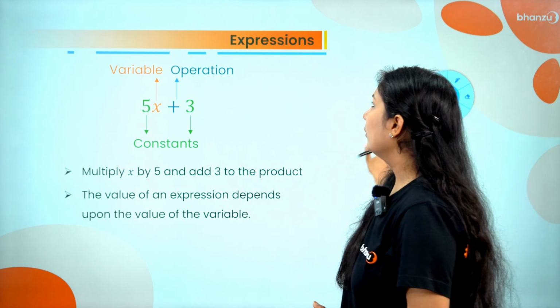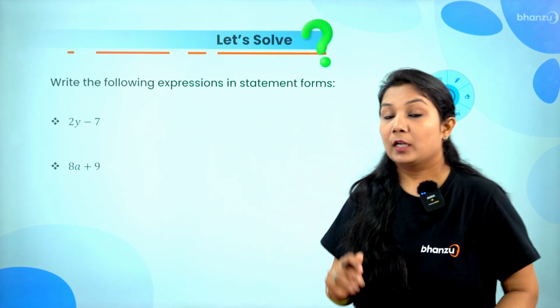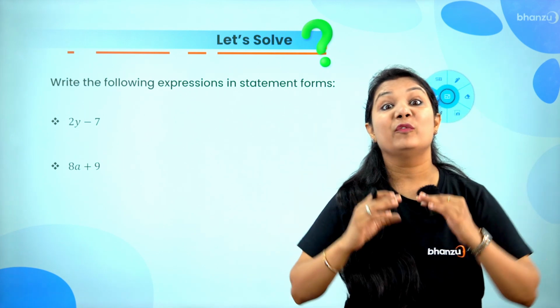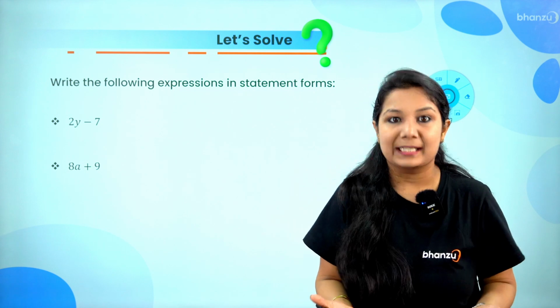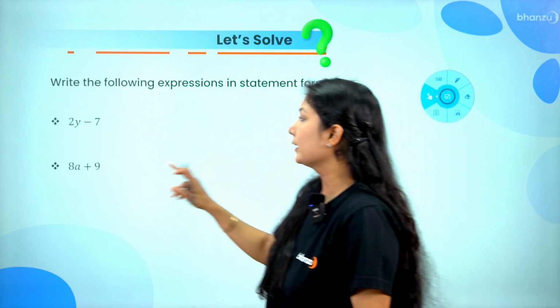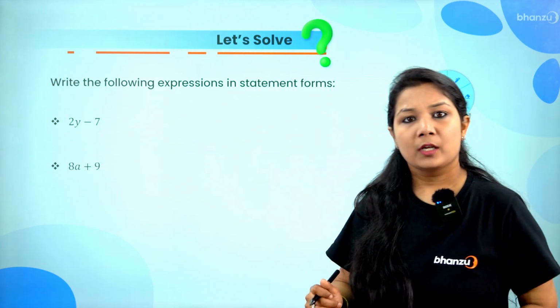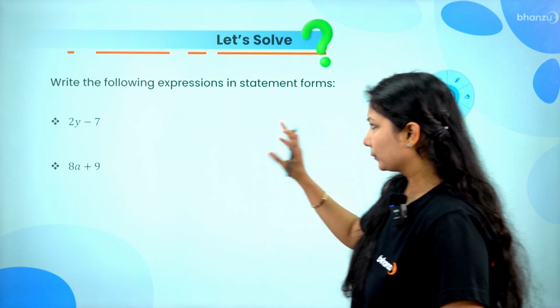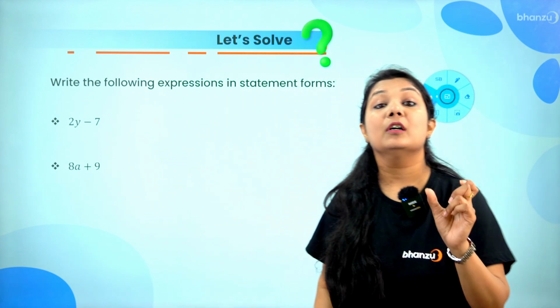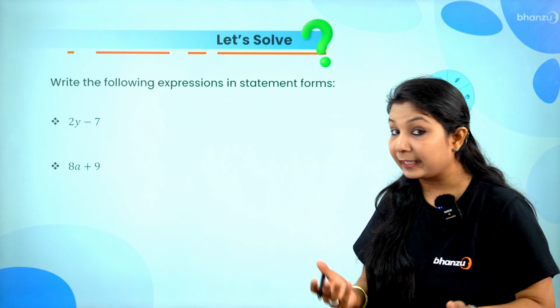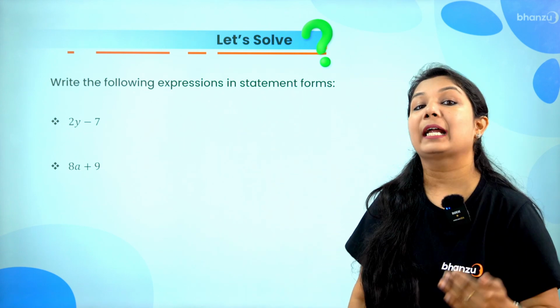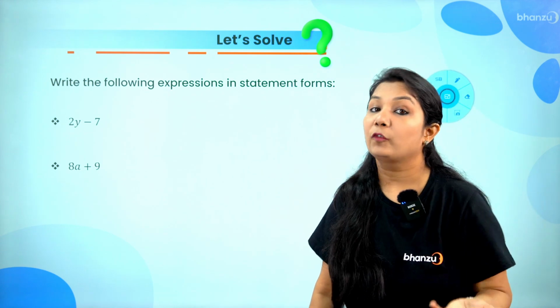Got it? So moving ahead, let's solve now. Expressions are given to us and we need to frame statements out of them, right? So what is it? 2y minus 7. Can't we write different terms for mathematical operations? Like for minus we can write subtracted from, reduced from, right?